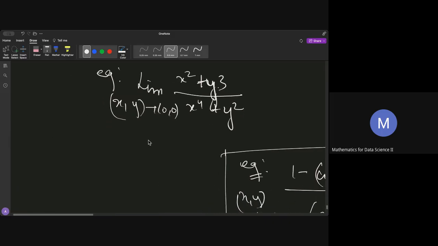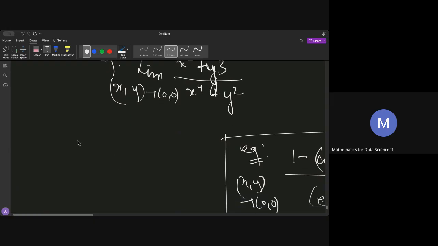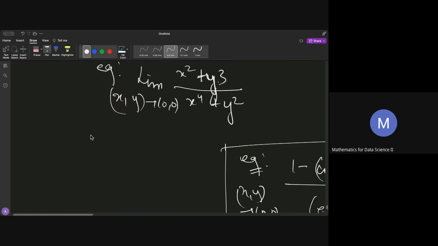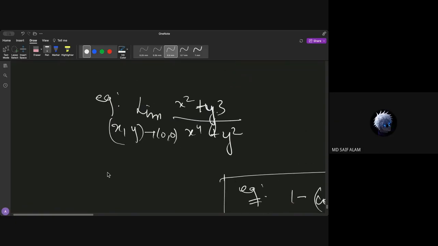So for the curve approach, can you think of two curves here? If I take y equal to 0 and x equal to 0, the y-axis and the x-axis itself. Okay, so you're saying x comma 0 and 0 comma y.